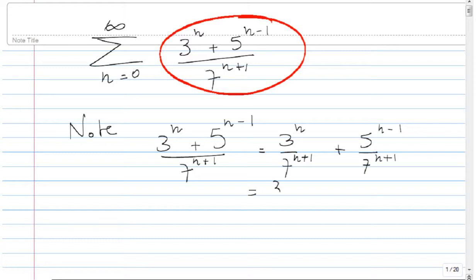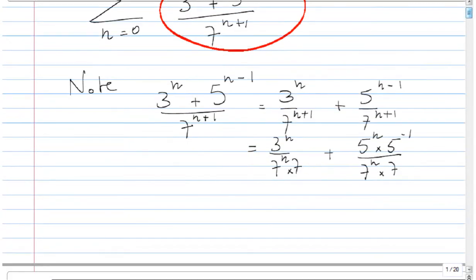So we see that this is 3 to the n over 7 to the n times 7, plus 5 to the power n, 5 to the power minus 1 over 7 to the power n times 7. This is without going too much into the algebra in detail, just playing with powers, okay?